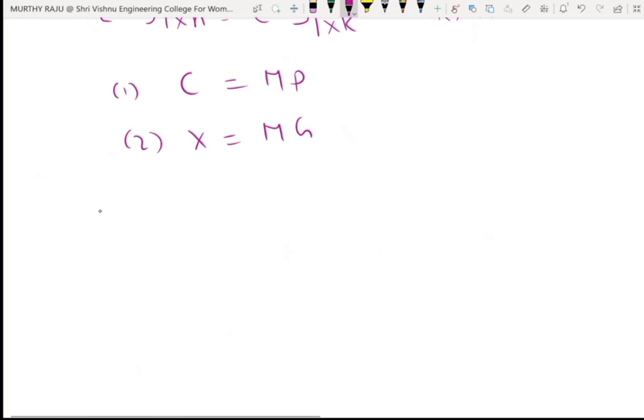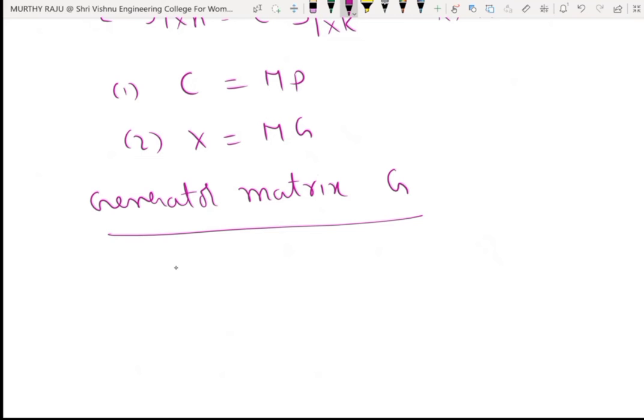Next, the generator matrix. It is represented by capital G. The dimensions of the generator matrix are K cross N, that means K rows and N columns.